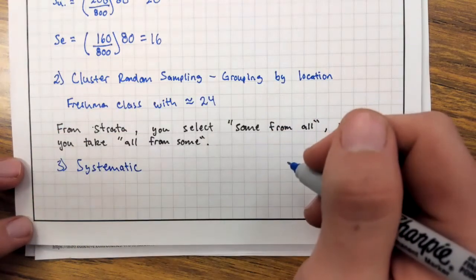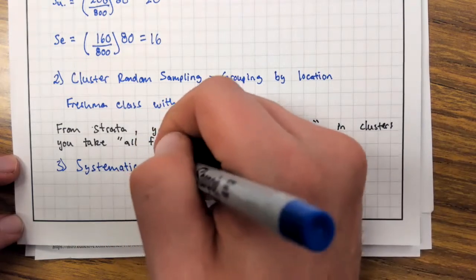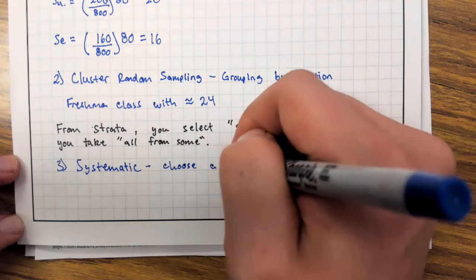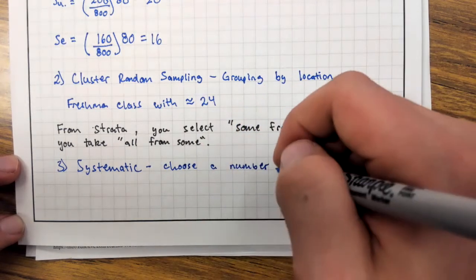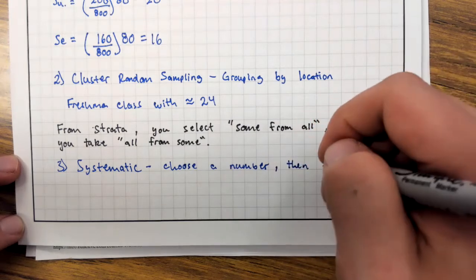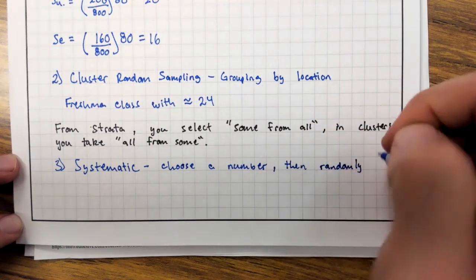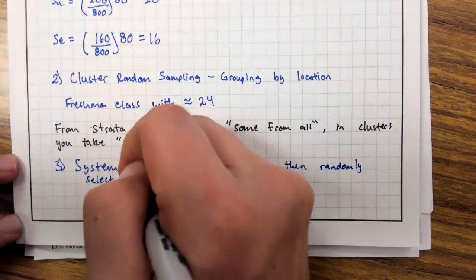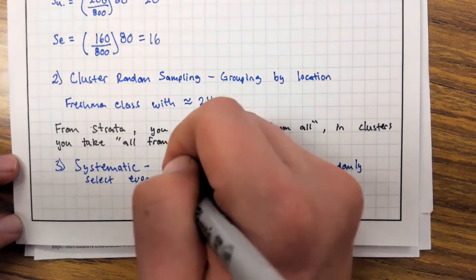With a systematic random sample, you choose a number, then randomly select every nth individual.